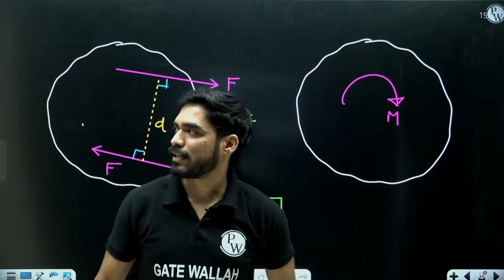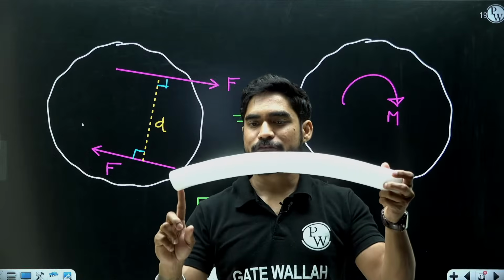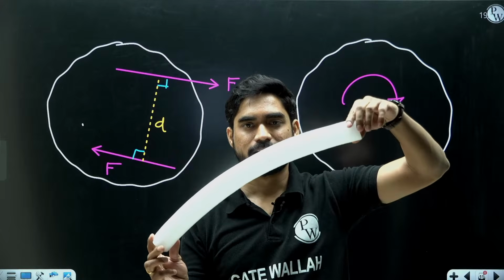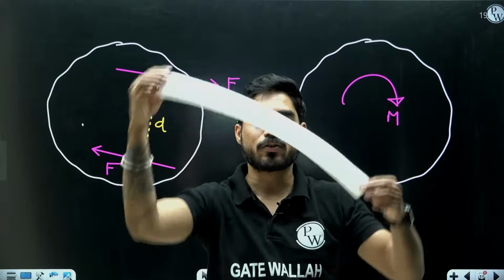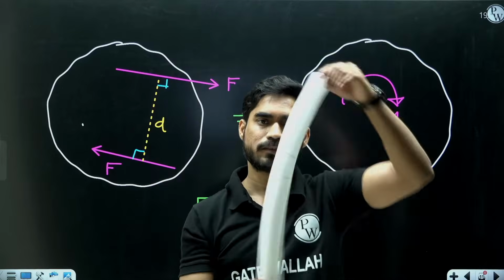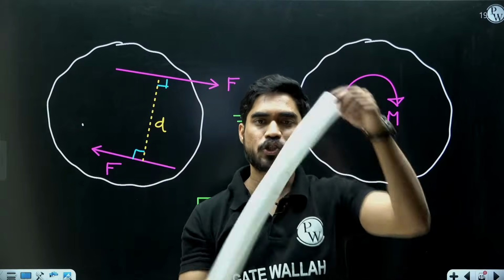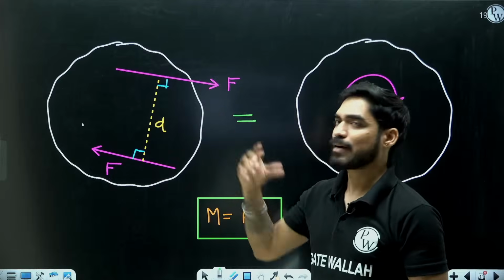For example, if this is a body, if I apply a force like this and a force like this, then they will start rotating this body. And this will be a pure rotational motion. So this is known as a couple.